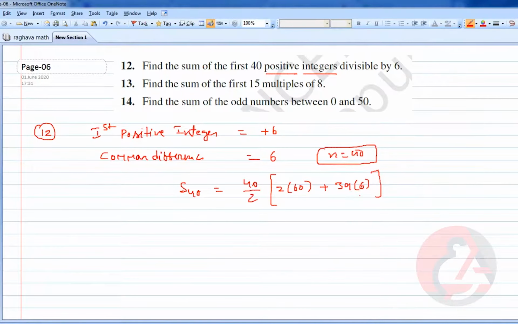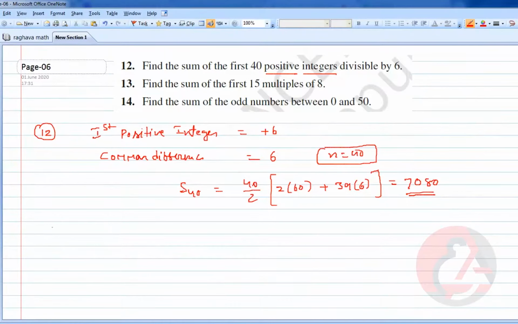Anyone got the answer? Sir, 7080. Yes, correct. Absolutely right. 7080 is the sum of the 40 terms.